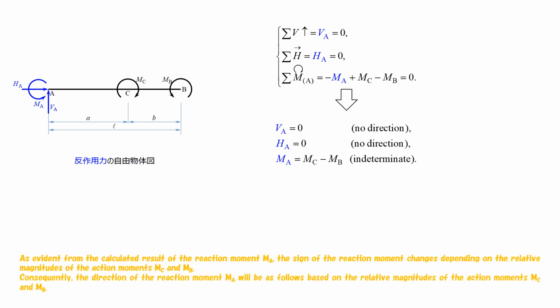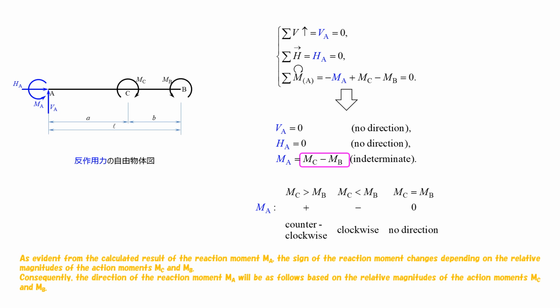As evident from the calculated result of the reaction moment MA, the sign of the reaction moment changes depending on the relative magnitudes of the action moments, MC and MB. Consequently, the direction of the reaction moment MA will be as follows, based on the relative magnitudes of the action moments MC and MB.